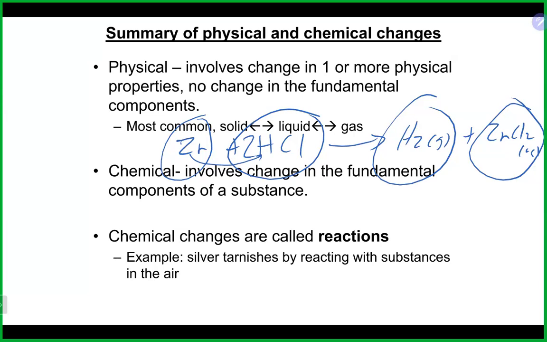So chemical changes, again, are reactions. The tarnishing of silver, for example, any metal that goes through oxidation is a chemical change, because really what oxidation of metals like rust and stuff like that is, is a redox reaction occurring. Electrons are being transferred, and that is an example of a chemical change occurring.